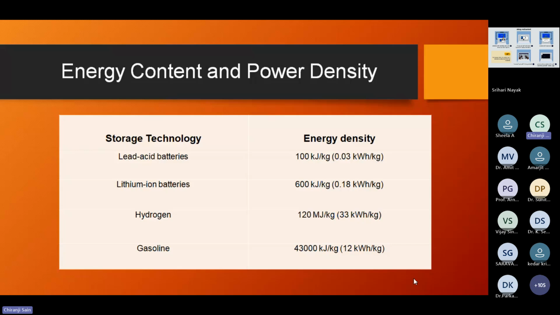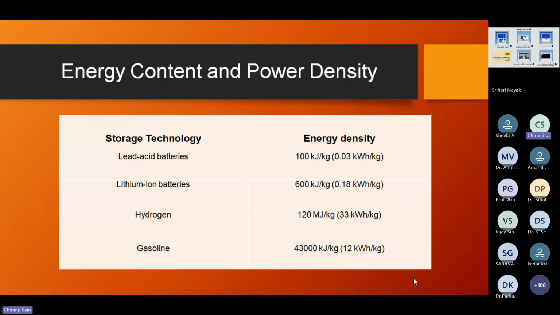And as compared to the lead acid and lithium ion batteries, if we take into consideration hydrogen, which is a very important fuel inside fuel cell technology, its energy density is very high, that is 120 megajoule per kg, which could be summarized as 33 kilowatt hour per kg, as compared to the lead acid, the lithium ion, and the gasoline that we need to have.